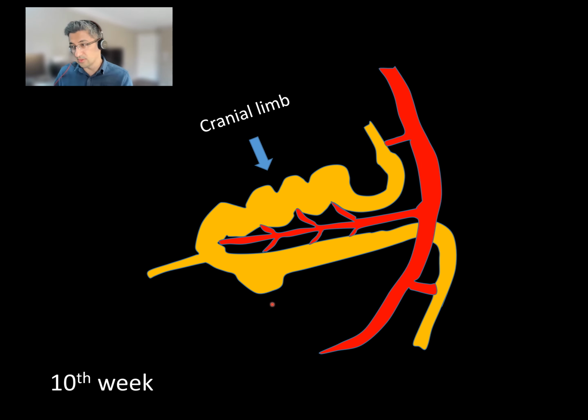During the 10th week of development, the midgut retracts back into the abdominal cavity, just like this. This is happening because the abdomen is too small for the bowel yet. So for 5 weeks, these midgut structures are located outside of the abdominal cavity, and then they return back.